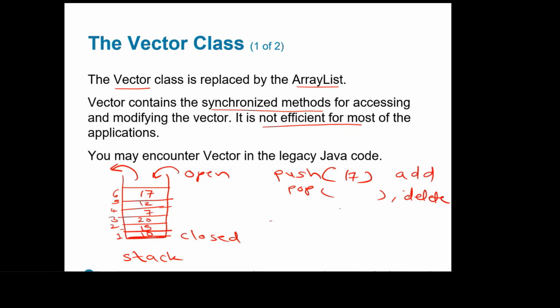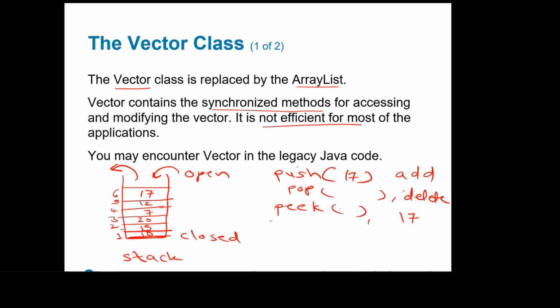We basically have only these two main operations, and the third operation is peek, where we just want to see the value at the top of the stack. If I say peek here, which value can we see? For this stack, if we give peek, we are going to see 17, because that value is at the top of the stack.